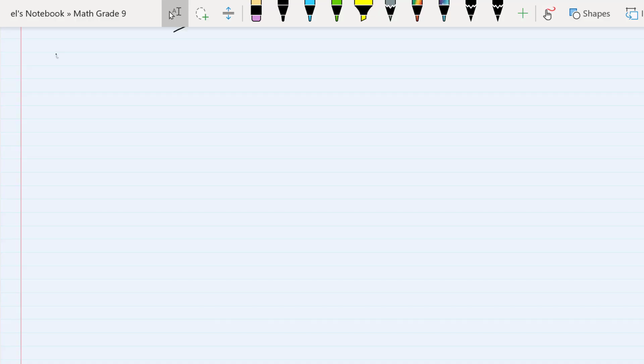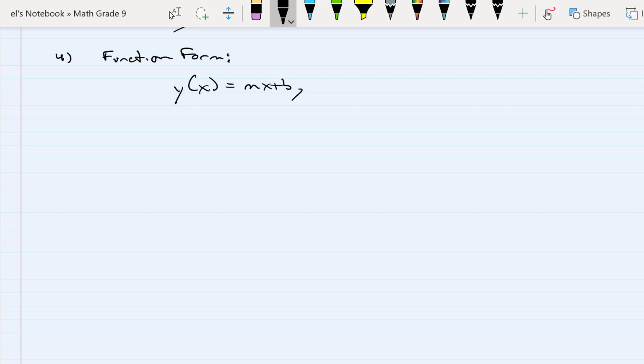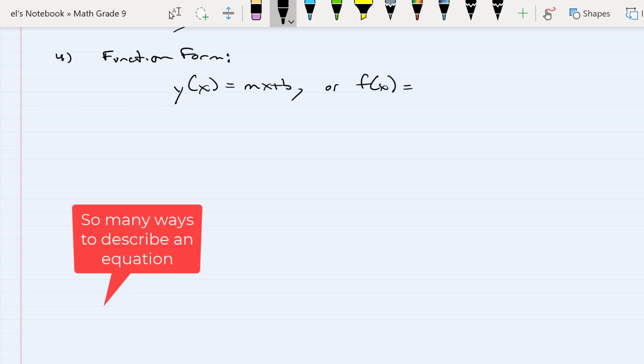The fourth form is known as the function form and is written as y of x is equal to mx plus b, or sometimes seen as f of x is equal to mx plus b.